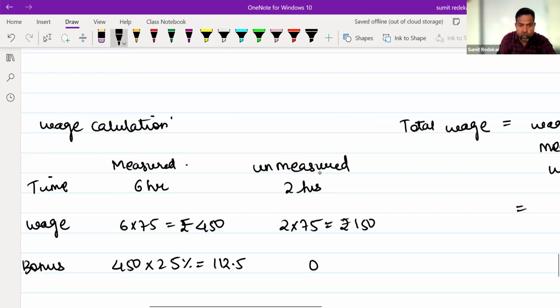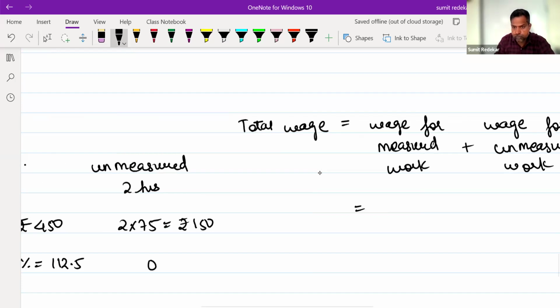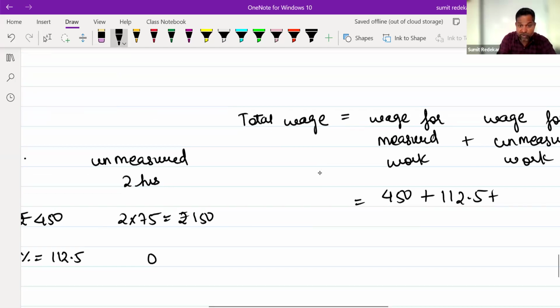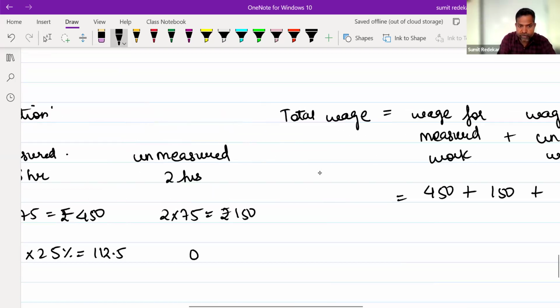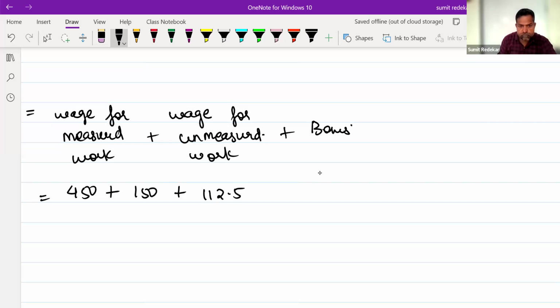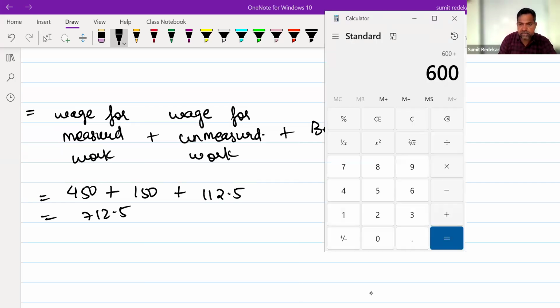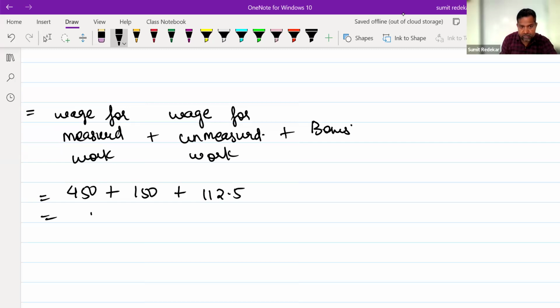You are paying him 450 rupees plus 150 plus 112.5, which is going to be 712.5. 712.5 is the total wage paid to him, which includes the bonus, which includes the salary for measured, unmeasured work, everything.